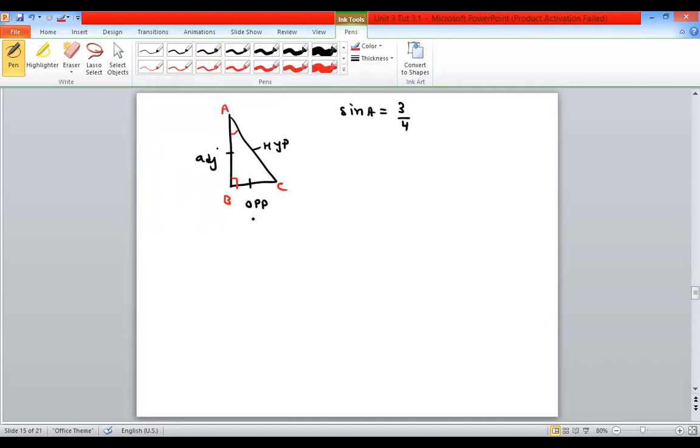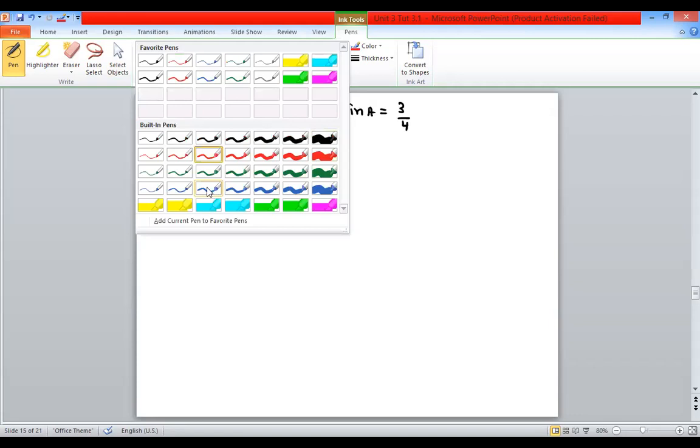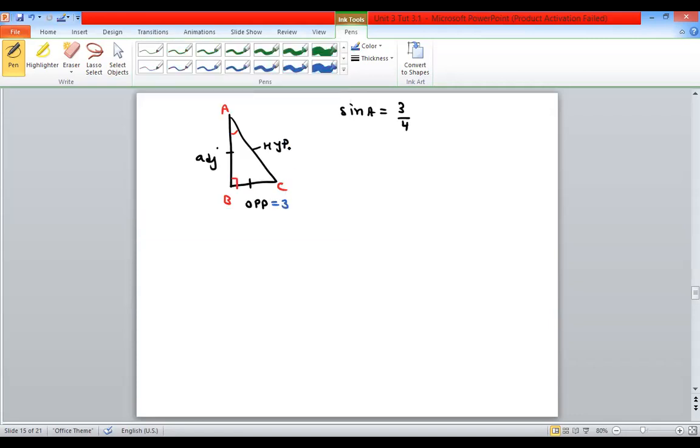Opposite is 3 unit, hypotenuse is 4 unit, and adjacent we can find, it's under 7 unit. So cos A is equal to, you can directly write the value of cos A, you do not need to put the formula adjacent upon hypotenuse every time. That means under 7 by 4. And tan A is opposite upon adjacent, it's 3 by under 7. So student, this is your answer.